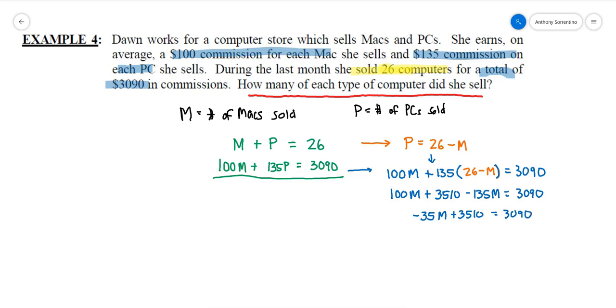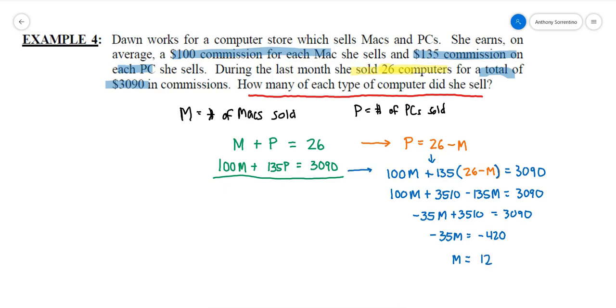Now I have one variable, m, so I can use the rest of the basic equation solving techniques. I'm going to subtract 3,510 from both sides, and I get negative 35m equals a negative 420. And then when I divide both sides by negative 35, I get 12.